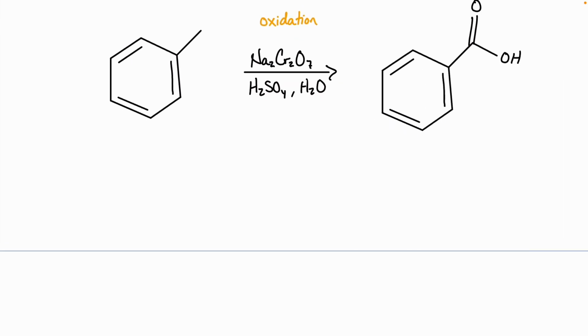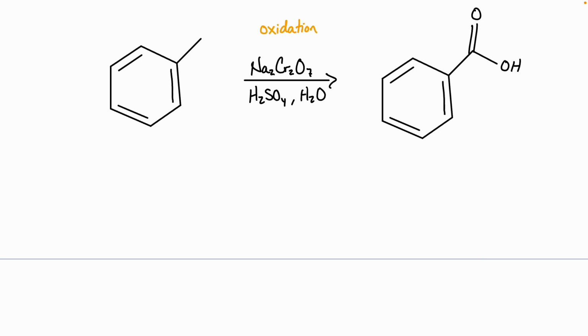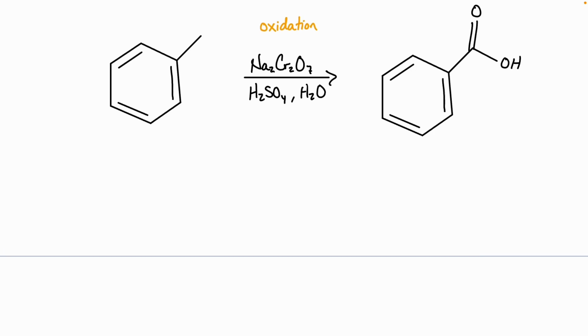Okay, so again, focusing on that benzylic position, if we treat it with this oxidizing agent here, we will get a fully oxidized benzylic carbon. So it's got as many oxygens as you can put on there, making it a carboxylic acid group.